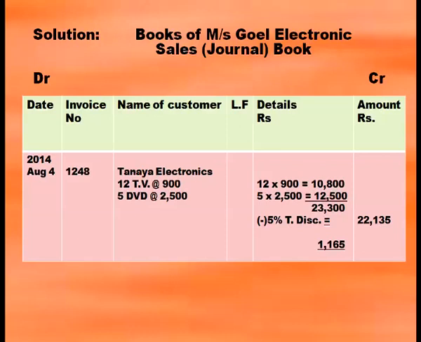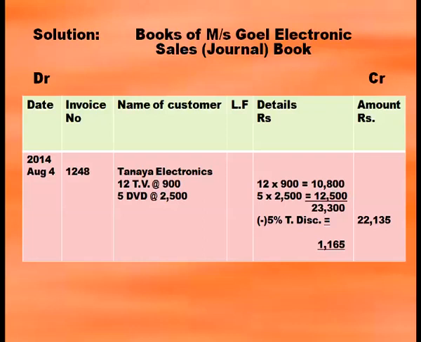12 TV at rupees 900 and 5 DVD at rupees 2,500. 12 into 900 is 10,800 and 5 into 2,500 is 12,500. So 10,800 and 12,500 when added will give you 23,300.